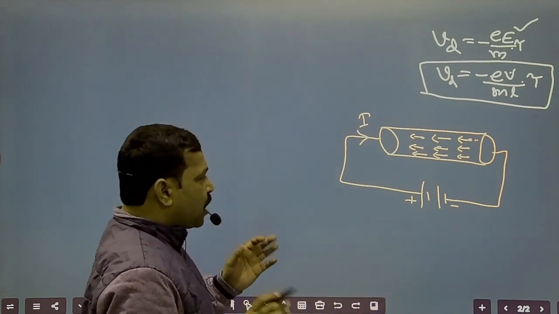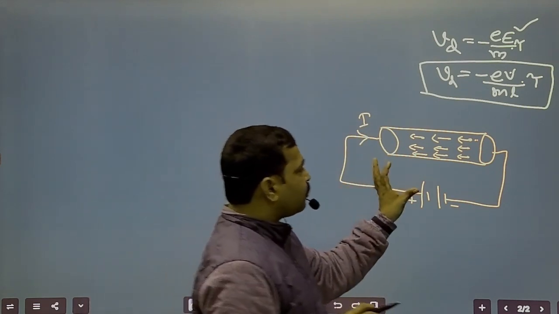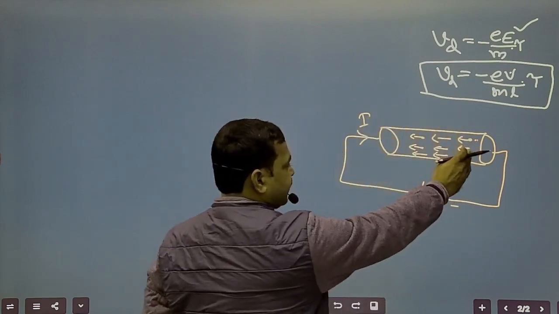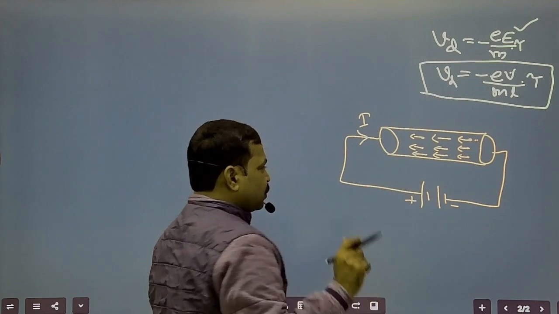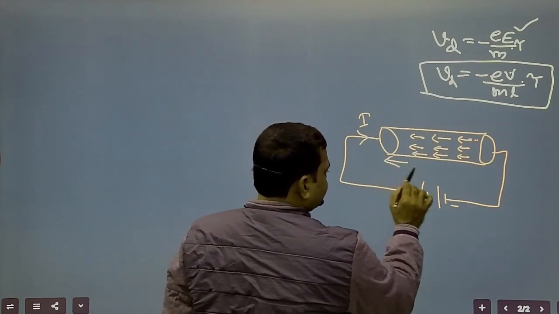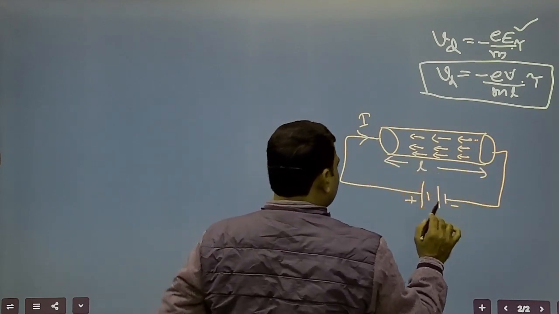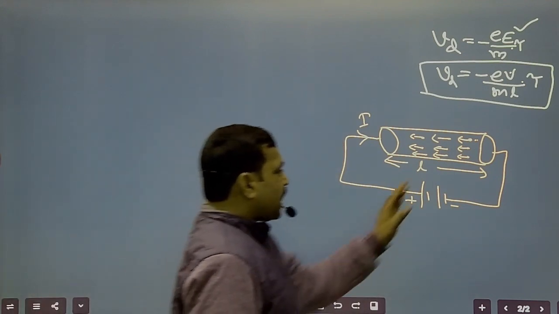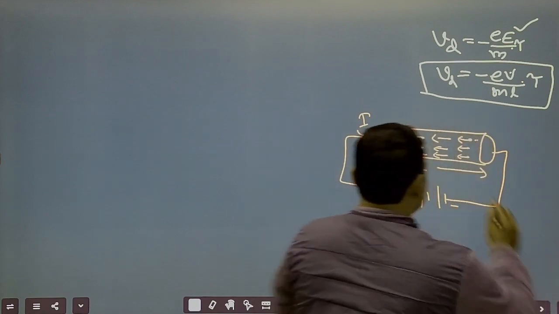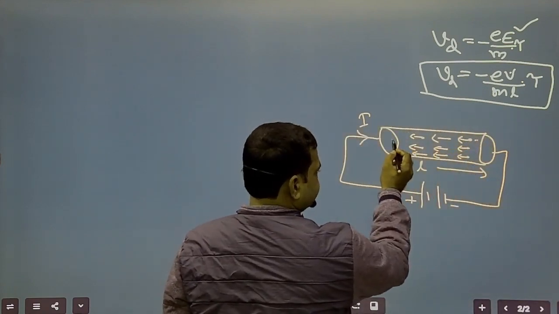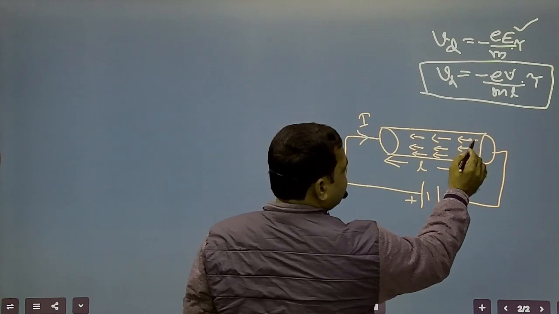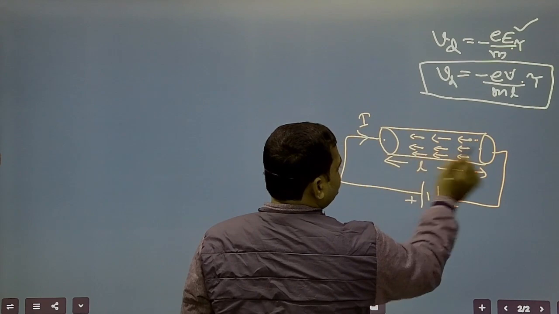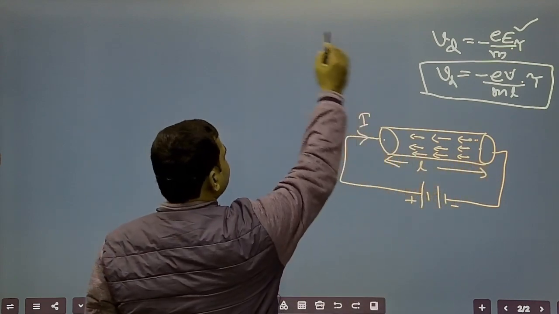So now what we have to find out? We have to find out how many electrons or charge carriers are inside the conductor. So the length of this conductor is L, the cross sectional area is A. Then if the electrons are moving with a velocity of Vd, the time taken by the electrons from this end to reach this end, you know what is time?